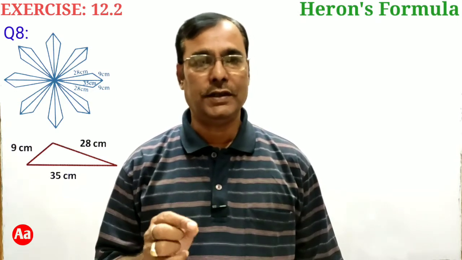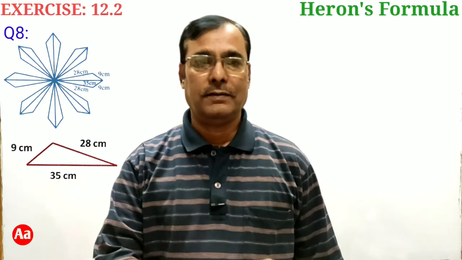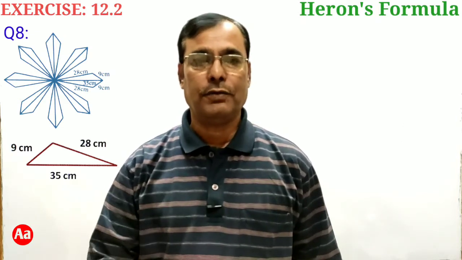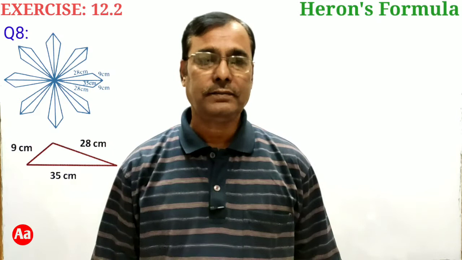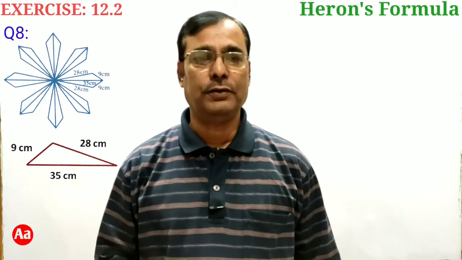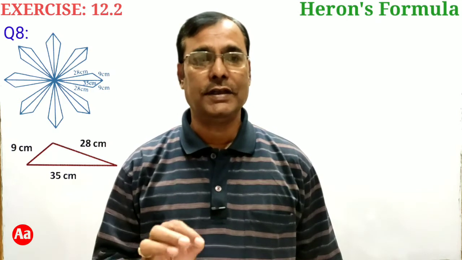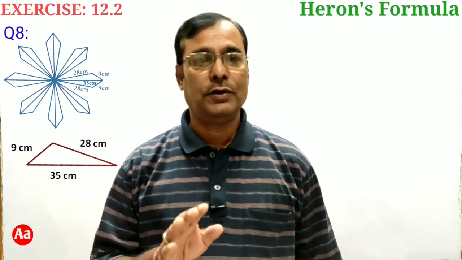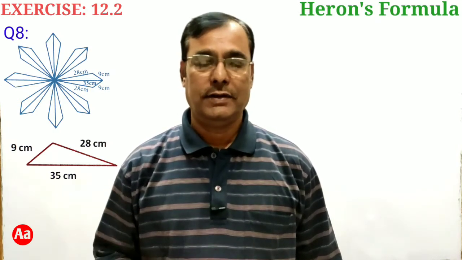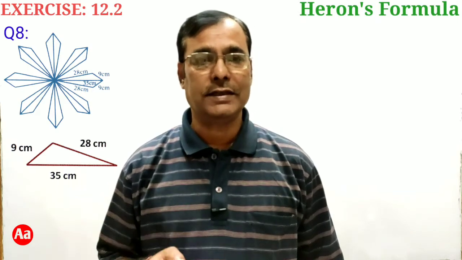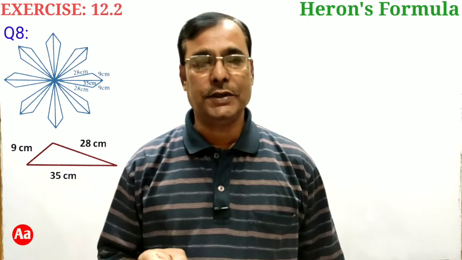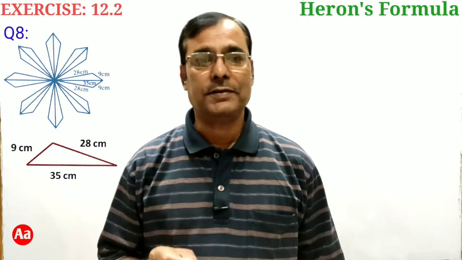So first we need to find the area of the floral design, and to find the area of the floral design which involves 16 tiles, we need to find the area of one tile having dimensions 9 centimeter, 28 centimeter and 35 centimeter.